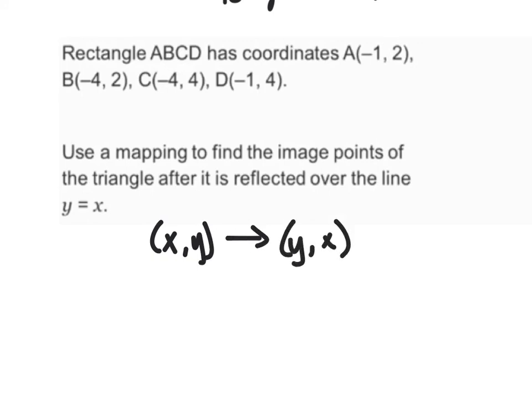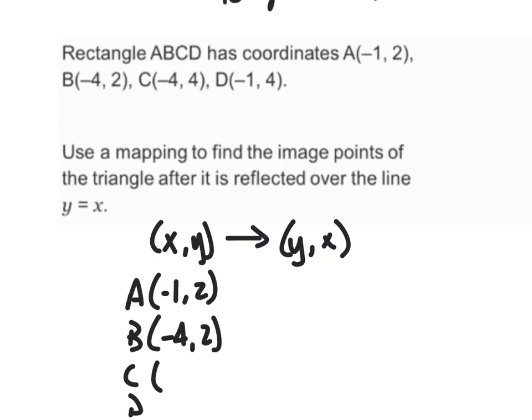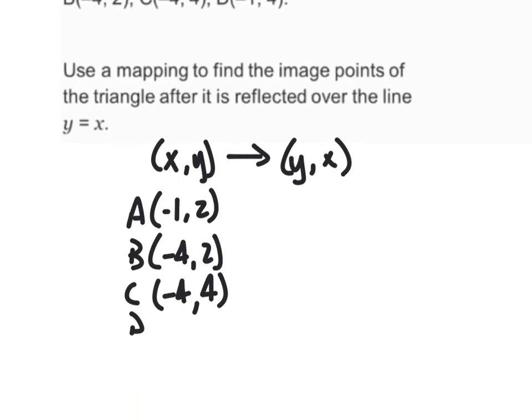Okay, so now I'm going to take each of these points, A, B, C, and D, and I'm going to write them down. So I've got -1, 2. I've got -4, 2. I've got -4, 4, and then -1, 4. Okay. And you could always plot these on a graph if you want to, but you don't have to.